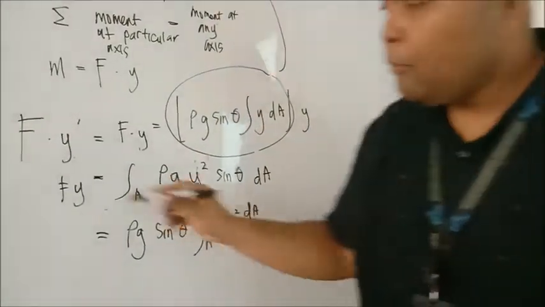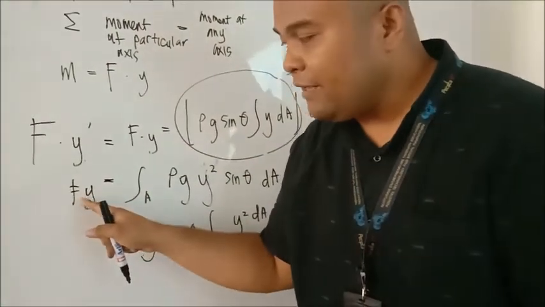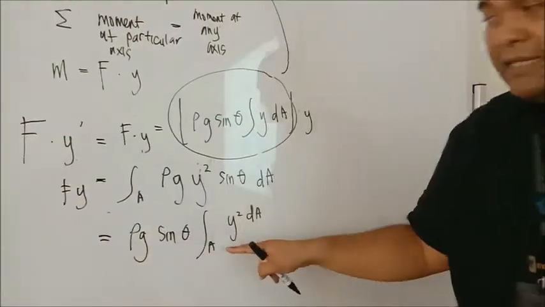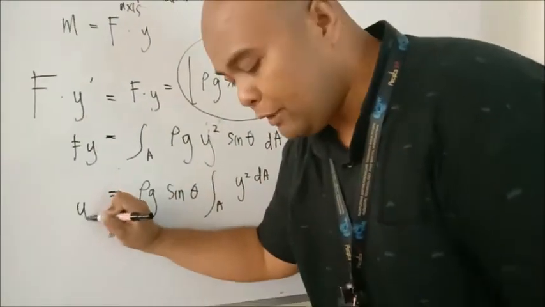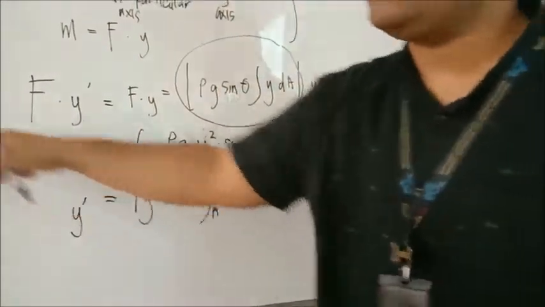And then by dividing F with this right part, we get the y prime, our CP.